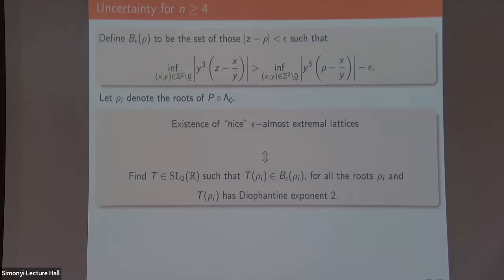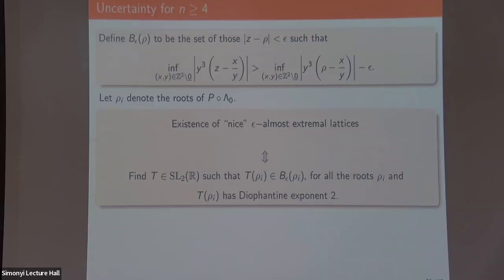The first thing one might try to do, if you understand the situation, is to attempt to show that as you go closer and closer to a specific root, this B epsilon set becomes very dominant. It covers almost everything. It's very high density. Then you could use measure theory to make sure that, if my T is very close to the identity, this should happen deterministically.